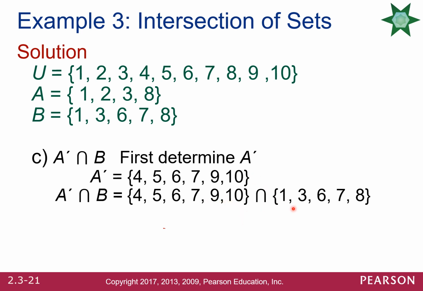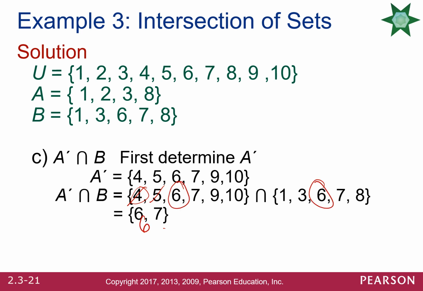And then intersection, we list the elements of B. And then we find the common, we pick the common ones. So the common ones are which? There's no 4, there's no 5. So 6, right? 6 is common. Let's pick that.